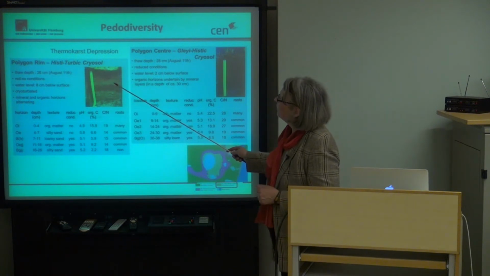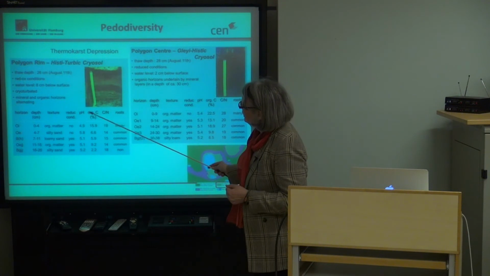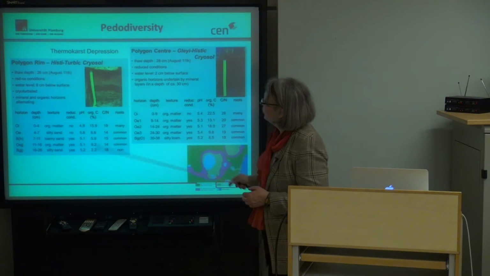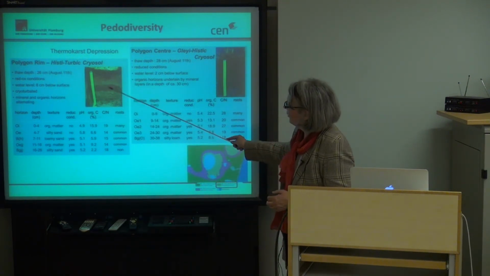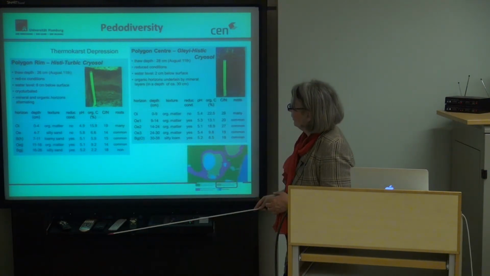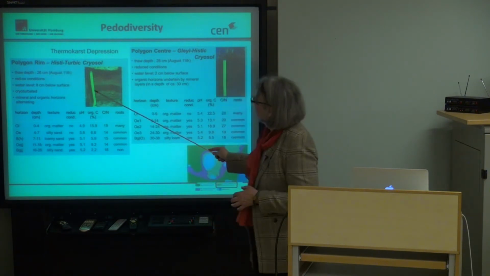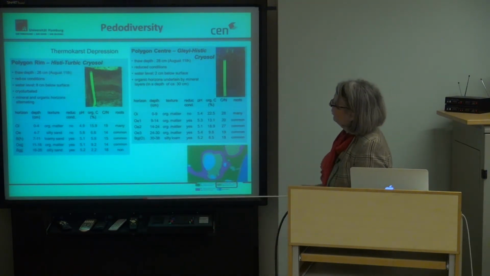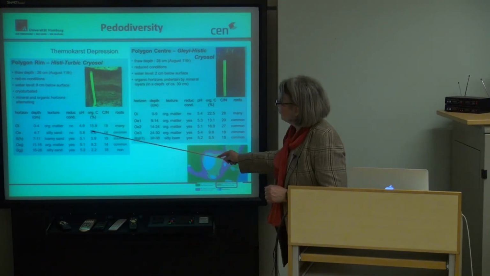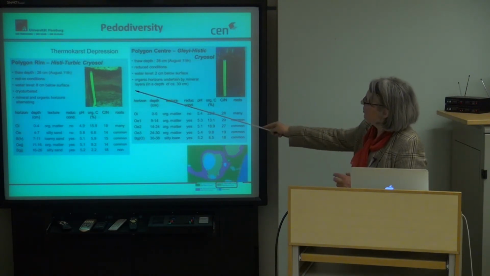And here they also have cryosols which are dominated by peat accumulation. You see it clearly here in the organic carbon content, and also cryoturbation in the upper part, organic dominated, and the lower part of the B horizon. You also see there's a lot of carbon via cryoturbation located in deeper parts, and a lot of carbon in the upper part, and also in the polygon center, and this was the rim.